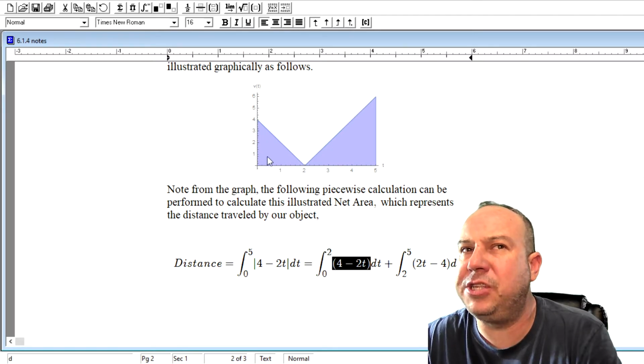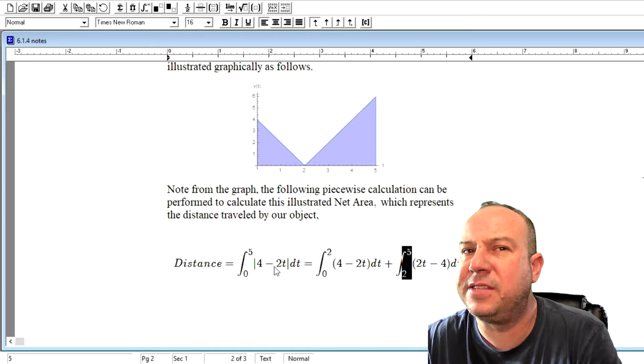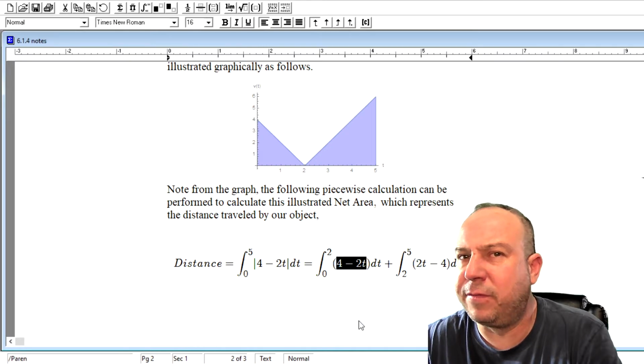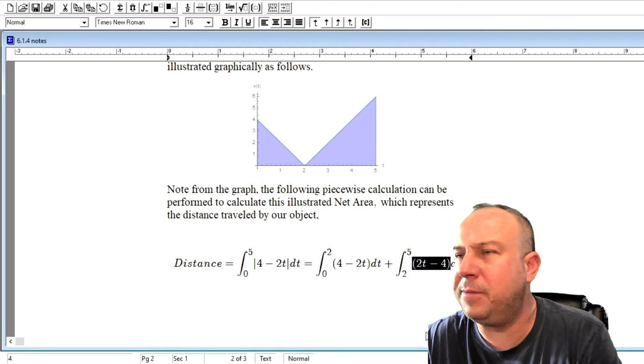That's this little region of space here for values of t from 0 to 2. And then this space here for values of t from 2 to 5 describes the other half of this net area summarized in the absolute value. But the function defining the upper bound on that space is the opposite of what we see for 4 minus 2t. The opposite of that is 2t minus 4.